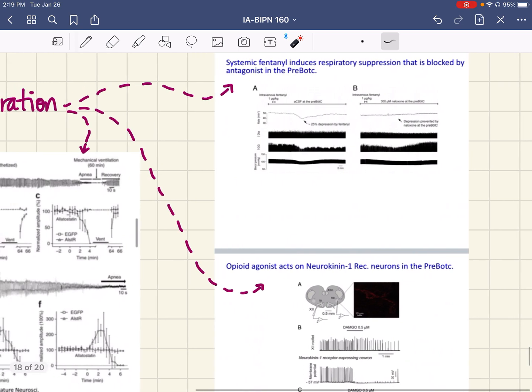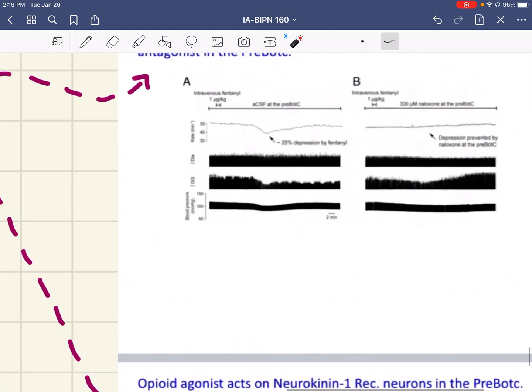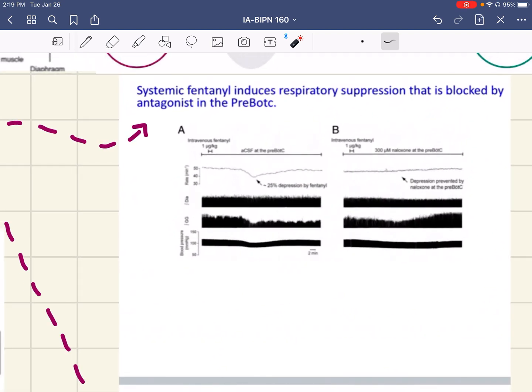Okay. This study right here talked about two molecules. So fentanyl is a drug that can stop you from breathing. And how does it do it? Fentanyl is able to bind to the pre-Botzinger complex, and it inhibits or suppresses the pre-Botzinger complex.